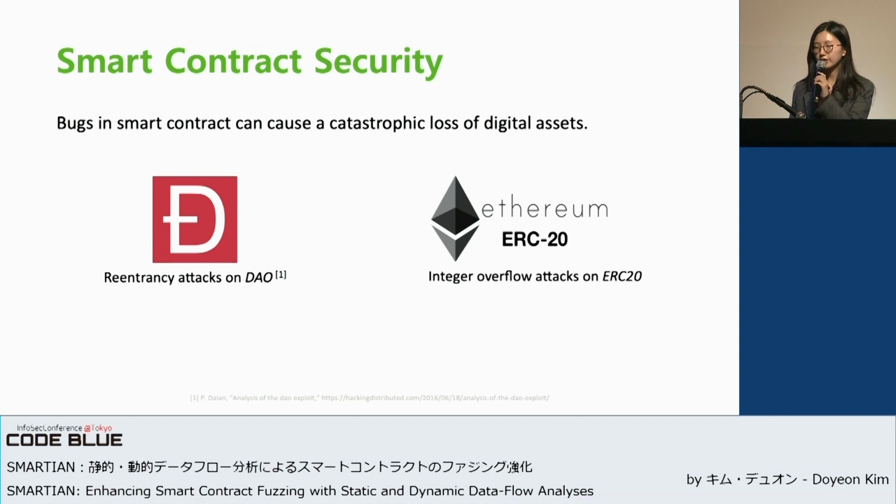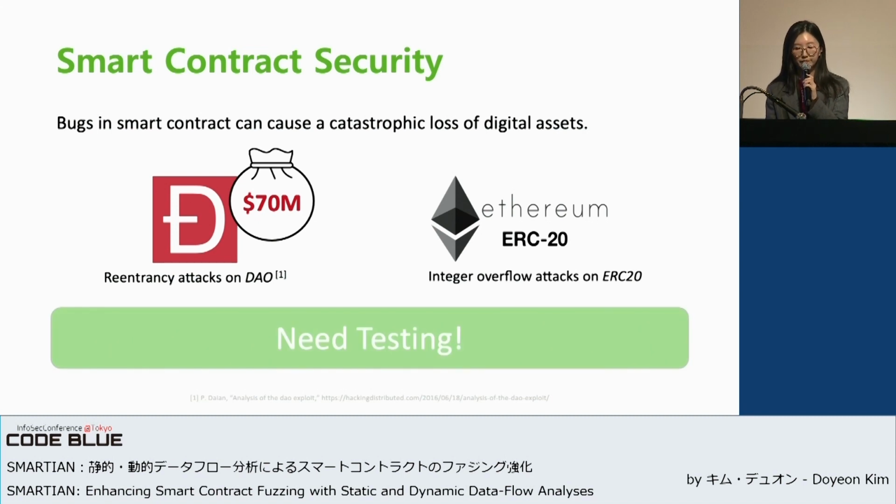Because smart contracts deal with digital assets, a bug in a smart contract can cause a catastrophic loss. Indeed, there have been famous exploits on Ethereum smart contracts, such as the re-entrancy attack on a contract called DAO. This attack stole a tremendous amount of Ether, which was worth $70 million at the time of the attack.